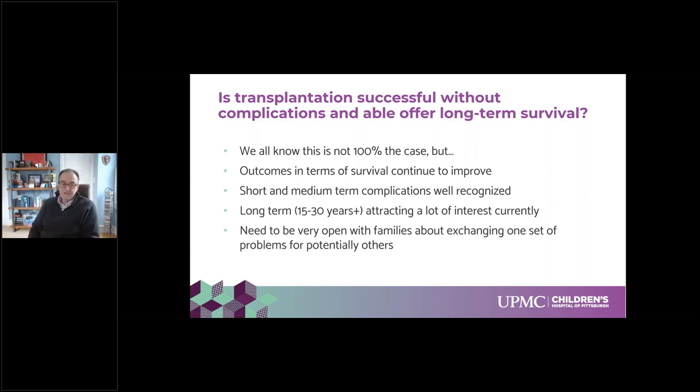But we do need to be very open with families because they are exchanging one set of problems for potentially others. Now, in the neonatal onset urea cycle disorders, where you know they're going to have profound neurological consequences, the decision to transplant can be relatively easy.